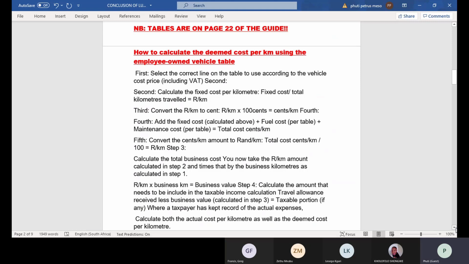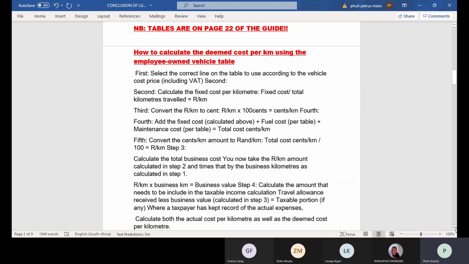The third one is you convert the kilometers to cents. And the fourth one is you add the fixed cost calculated, the fuel cost calculated, as well as your maintenance cost. So this is actually in relation to that table that I just showed you on page 22. So they give you the process on how to calculate those costs per kilometer.